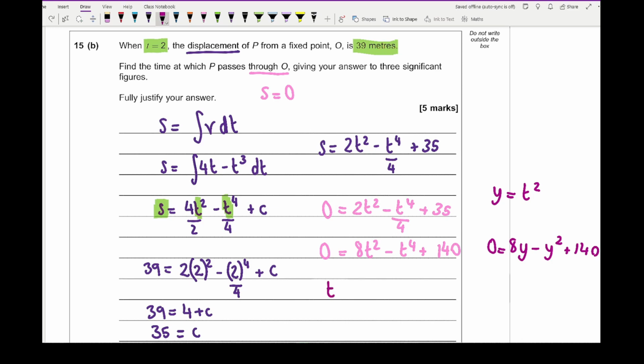But you get t is equal to 4.06 seconds, and that is to 3 significant figures. The second time value that you would get would be a negative value, which would not make sense in this question since time cannot be negative.